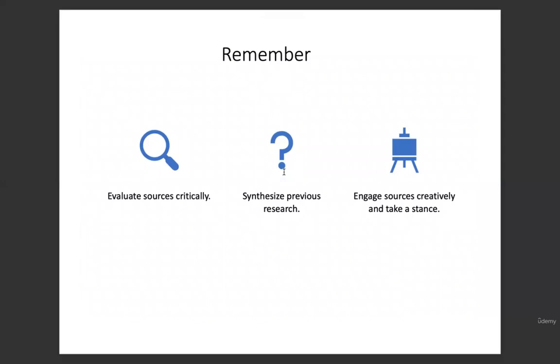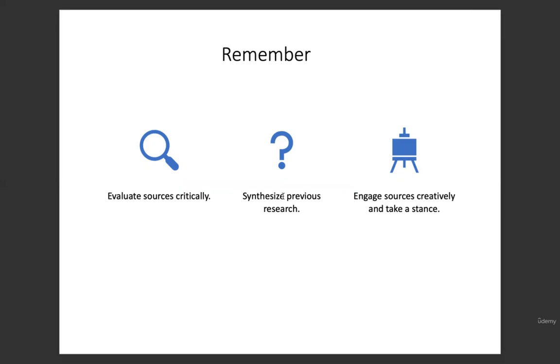So, to wrap up, while writing a literature review, remember to evaluate sources critically. Be a critical reader. Synthesize previous research. Synthesize them, okay? Add your comments to them as well, while engaging sources creatively and take a stance. If you don't evaluate sources critically, you most probably will write just a summary.